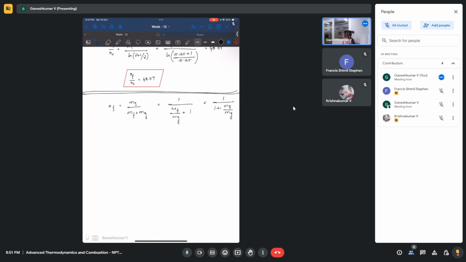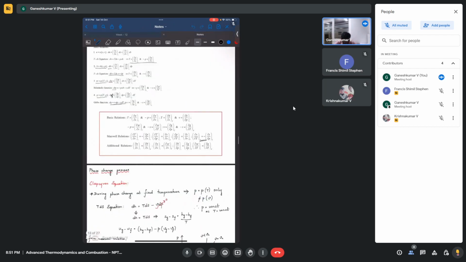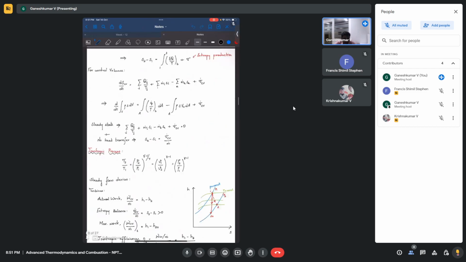Question, let me think. So basically, when you say intensive property, let me see, intensive property is nothing but the extensive property of the system divided by the extent, the mass or volume of the system.